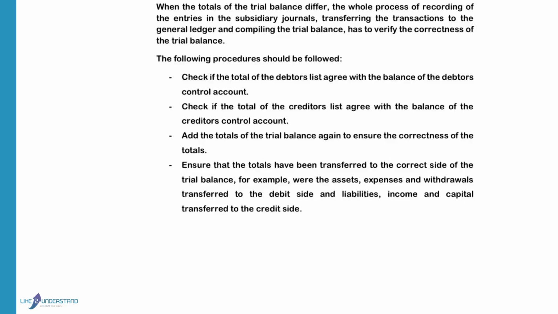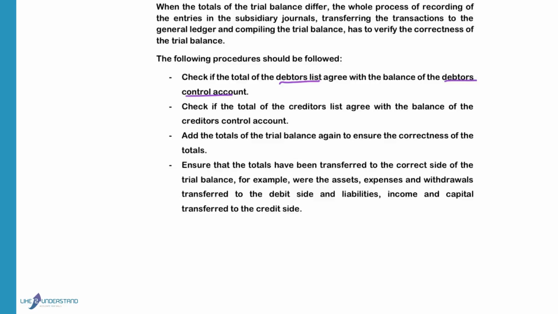Check if the total of the debtors list agrees with the balance of the debtors control account. So that's the first step where you should start, because you know that the total of all your debtors in the debtors ledger must be the same as the debtors control. If they are the same, it's more or less an indication that there was not a mistake in your debtors.